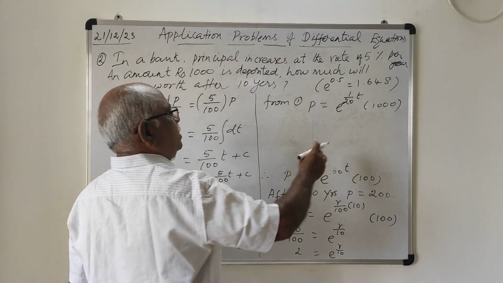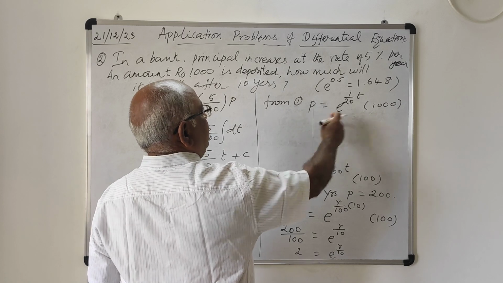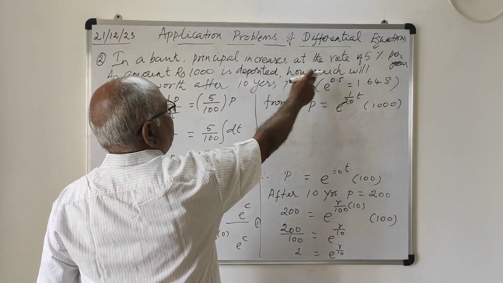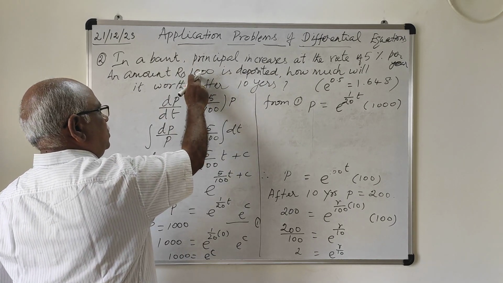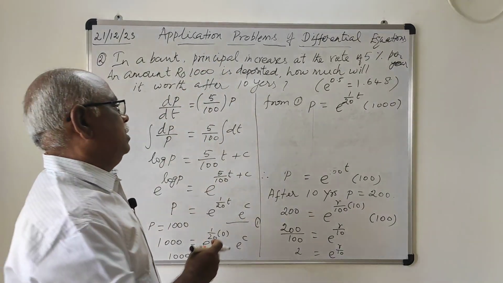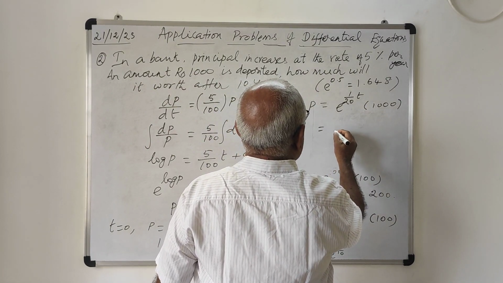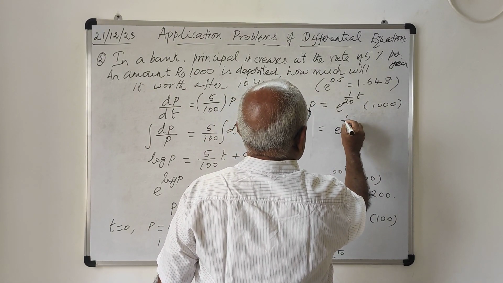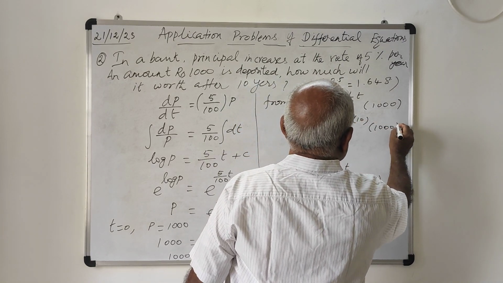Now, what is the principal value P after 10 years? What is the worth of the deposit amount 1000 after 10 years? That is the question, therefore we have to find P. E power 1 by 20 into t, with t equal to 10 years, into 1000.